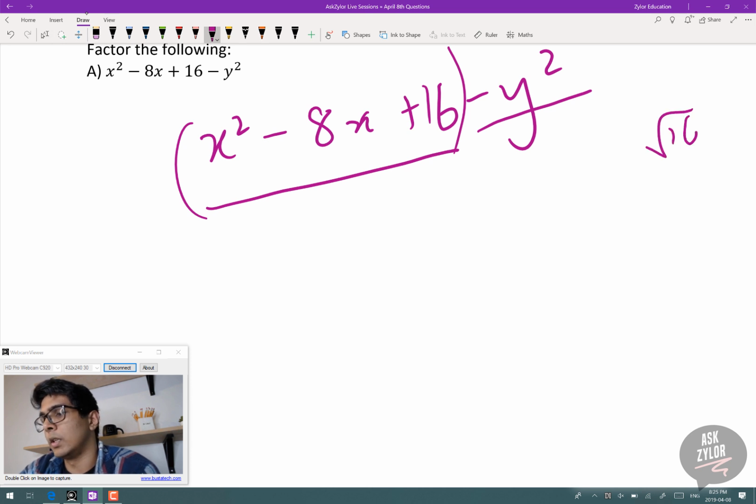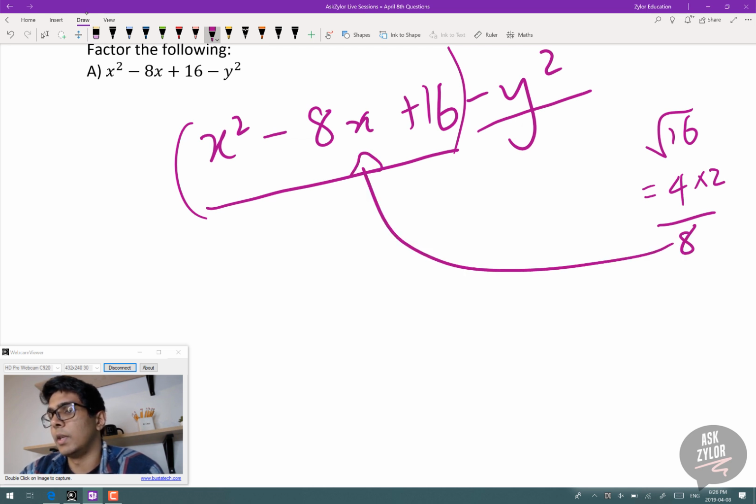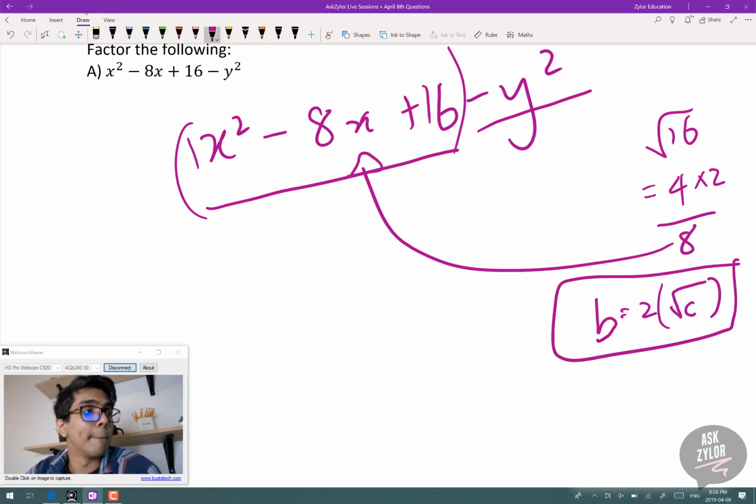If I square root 16, that gives me 4. If I multiply by 2, that gives me 8. And if that's the same as my b value, then I have a perfect trinomial. Right? If my leading coefficient is 1, I can always do this check. I can square root my c value, multiply that by 2. If that's equal to my b value, then that's a perfect trinomial.